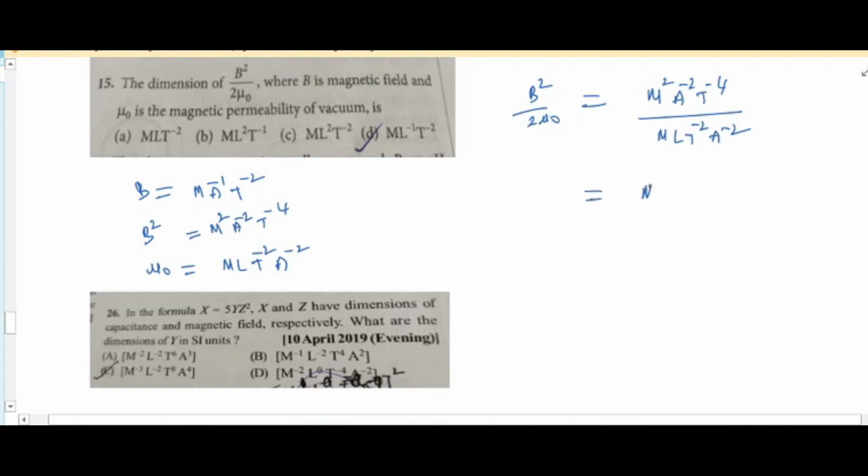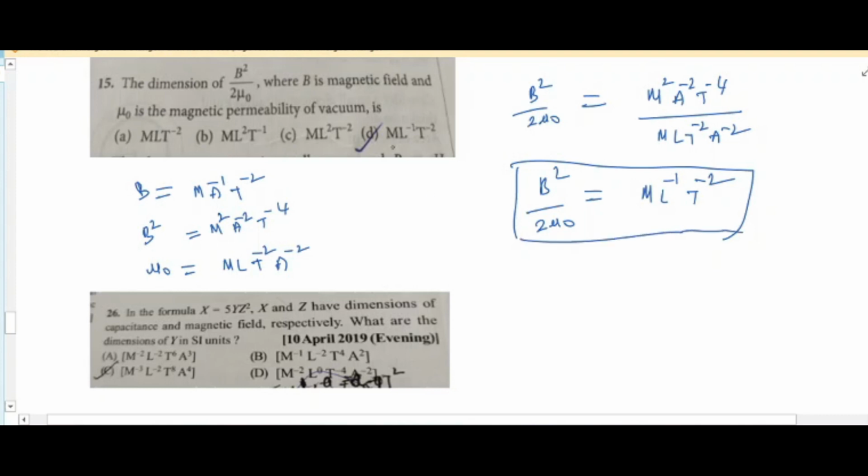This becomes M L to the power of minus 1, A to the power of minus 2 cancels. This becomes T to the power of minus 2. This is B square by 2 mu naught. Therefore, the answer is D here.